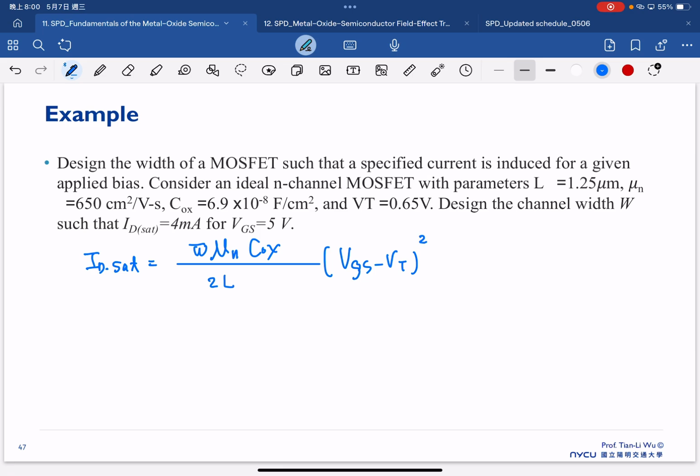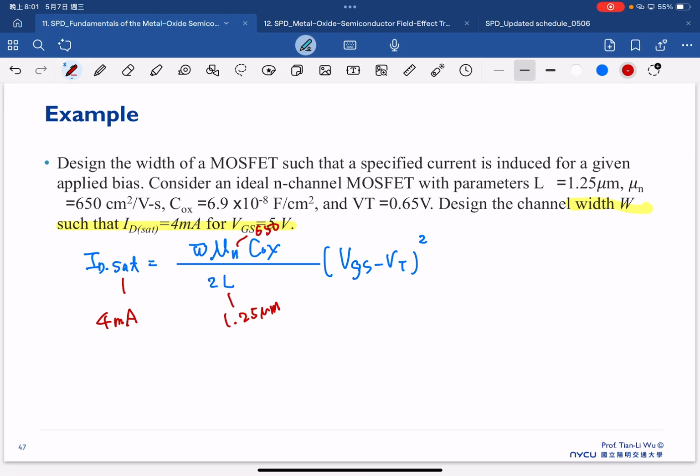In this case, what we actually want is to design the channel width that can achieve the transistor performance target, where we want 4 milliamp at this point, and our channel length is 1.25 micrometer, and we have mobility of 650.